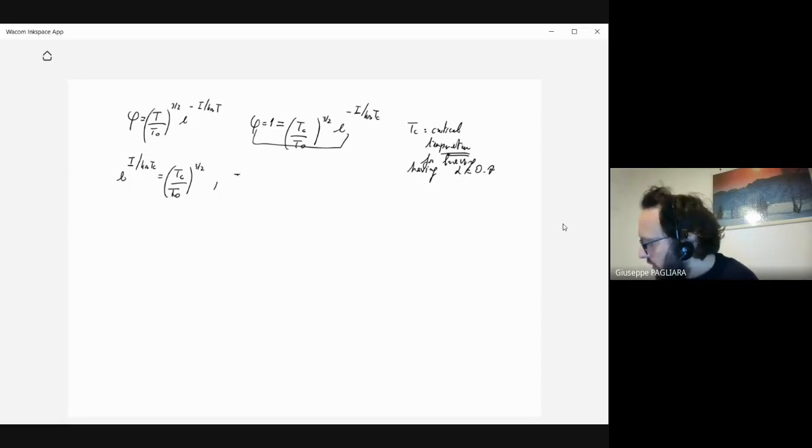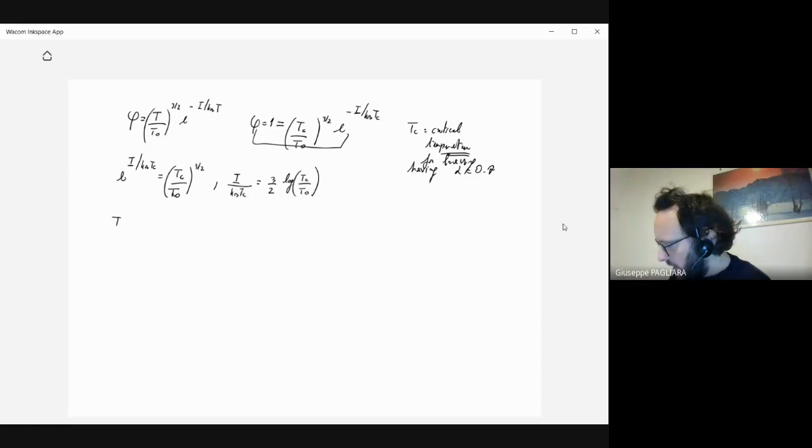So I divided by kBTc is equal to 3/2 log of Tc divided by T0, and I divided by kBTc is equal to 3/2. Let's make the following trick.